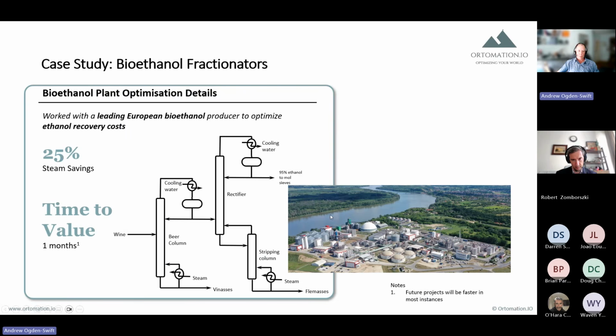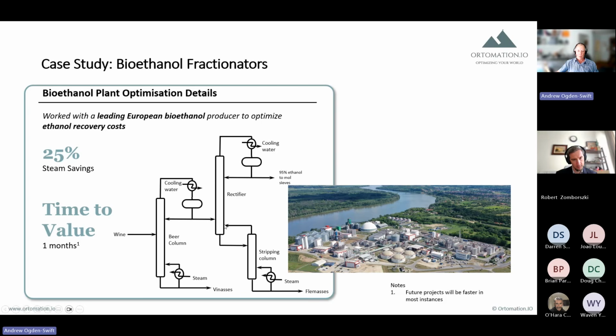The second project I wanted to talk about is a bioethanol plant. So you've got what is referred to as wine, which is a mixture of ethanol and water, coming from fermentation. That goes into what's called a beer column, and there's steam at the bottom, and out the bottom you get water, and the top product is slightly purified ethanol and water.